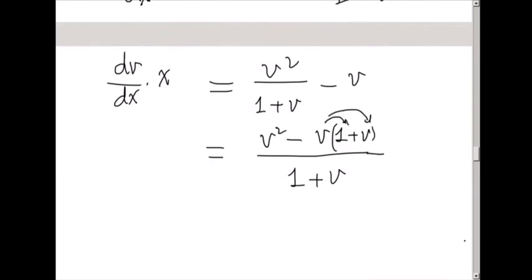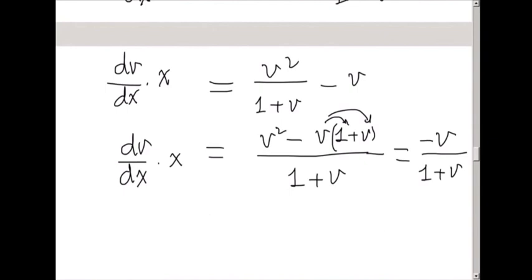Distribute and simplify this. We will get minus v over 1 plus v. Still on the left hand side, we have dv dx times x.